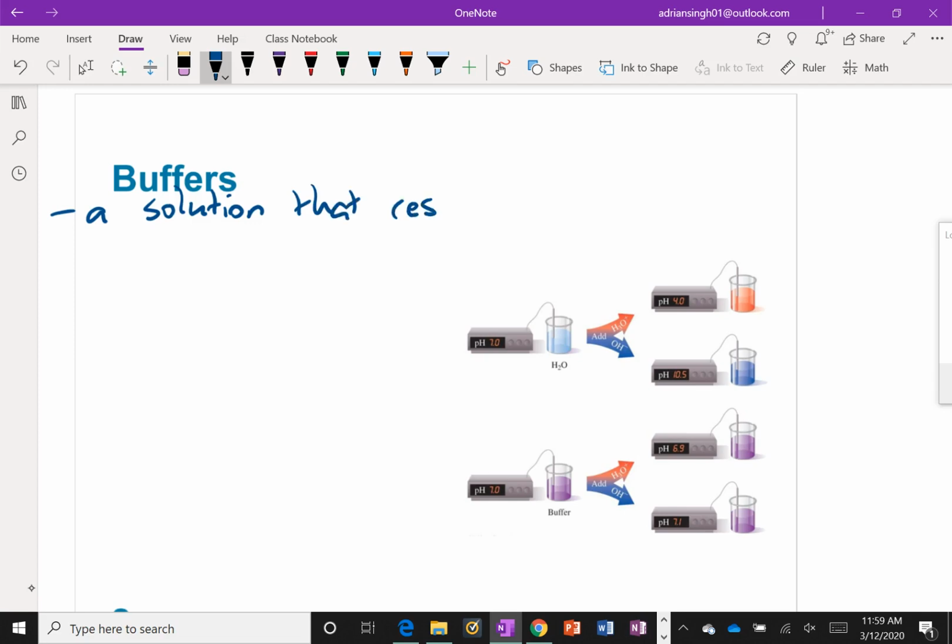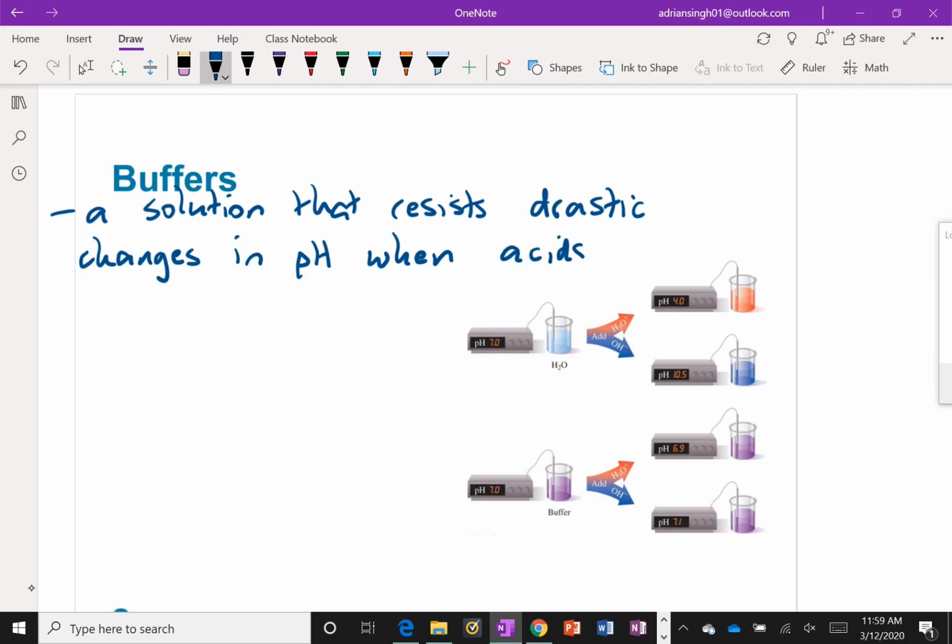that resists drastic changes in pH when acids or bases are added to it.